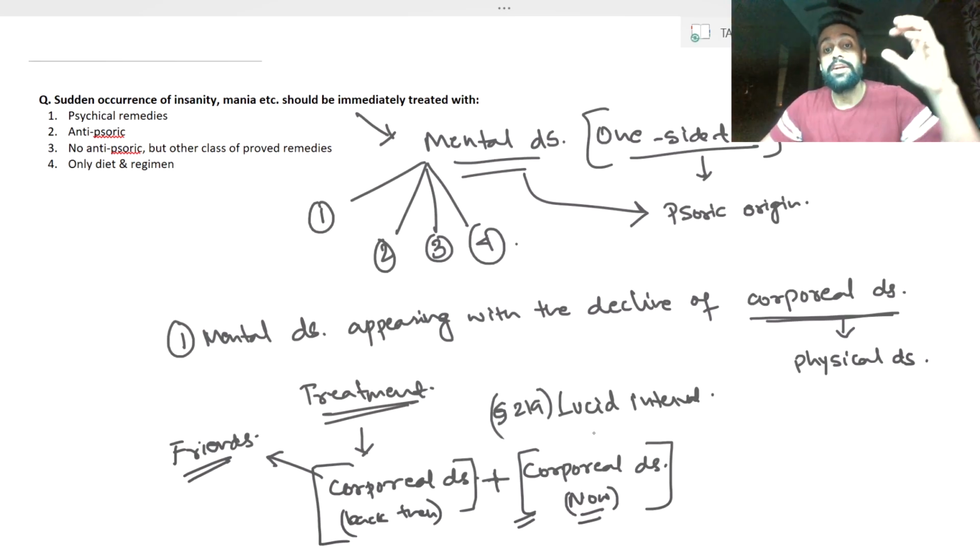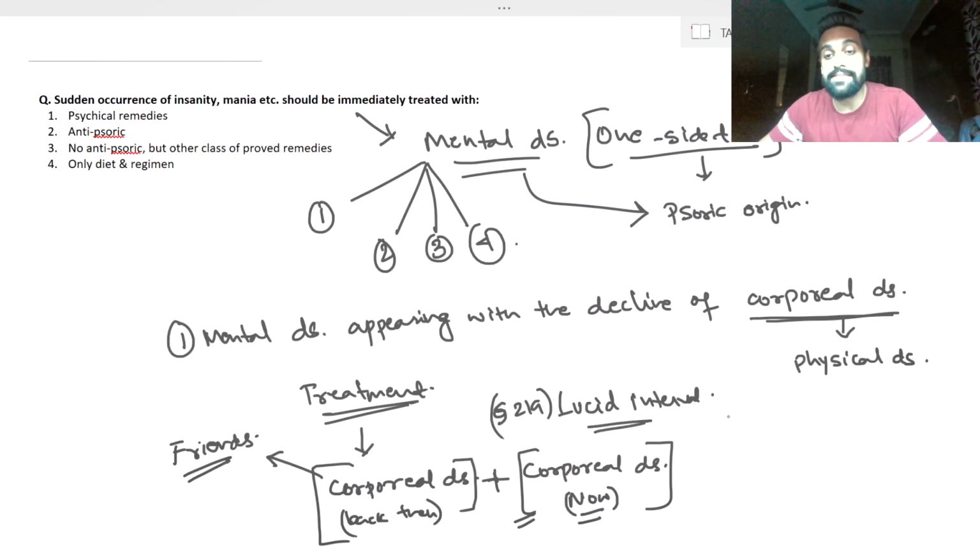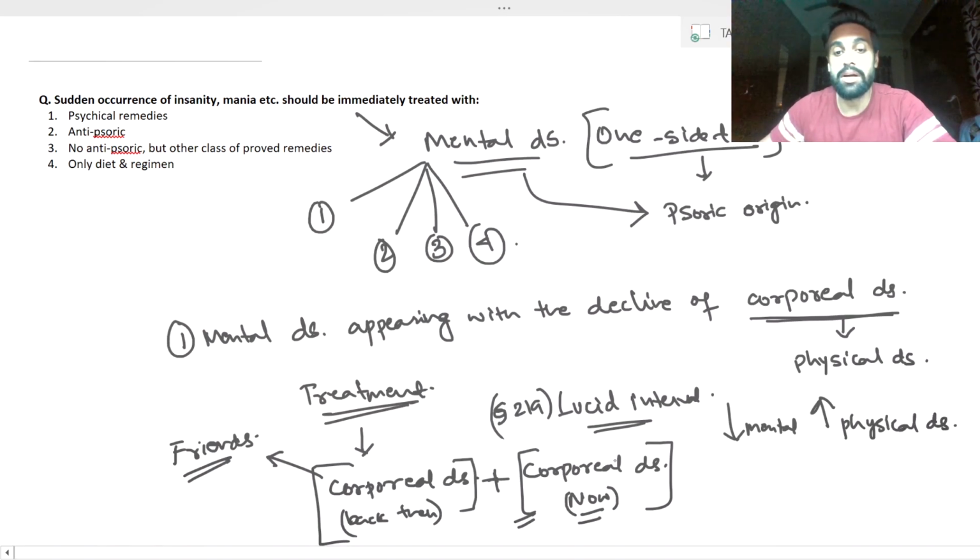During this interval, what happens? There is a decline in the mental disease and a flare up of the physical disease. So when this happens, you will come to know about the state of the corporeal disease right now. To these, add the present state of mind, means the present mental disease.